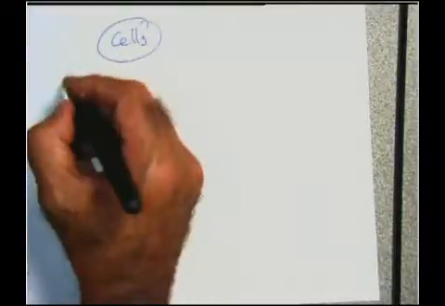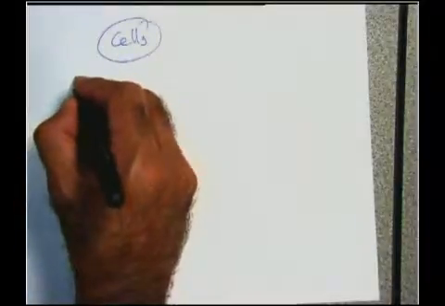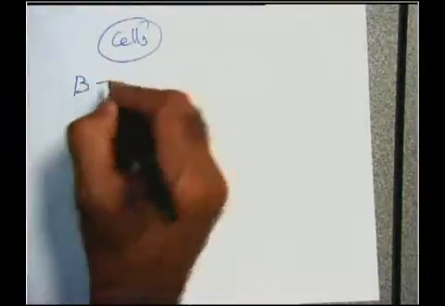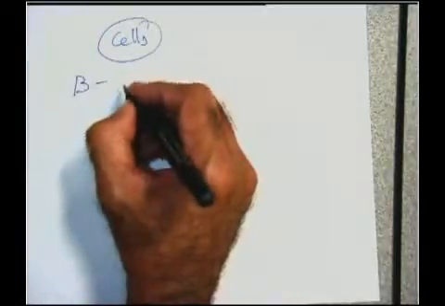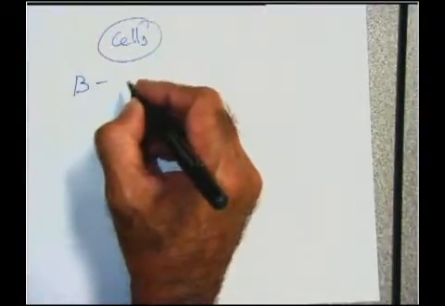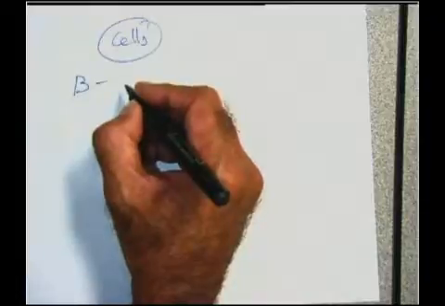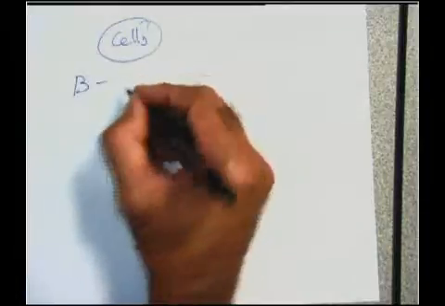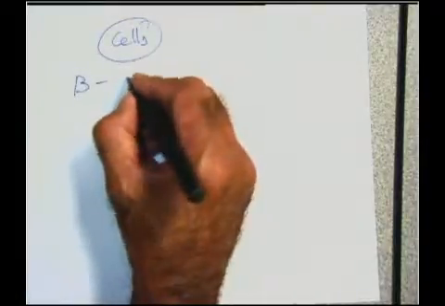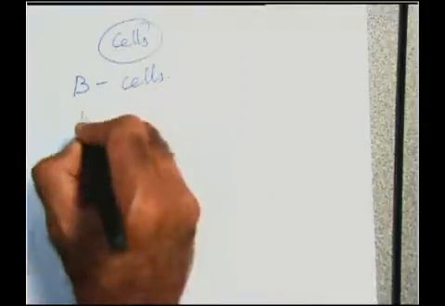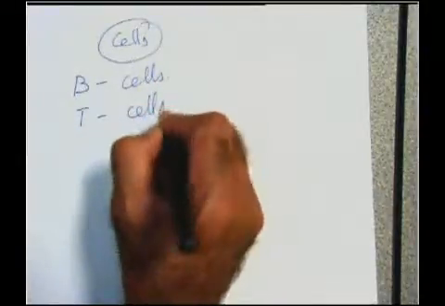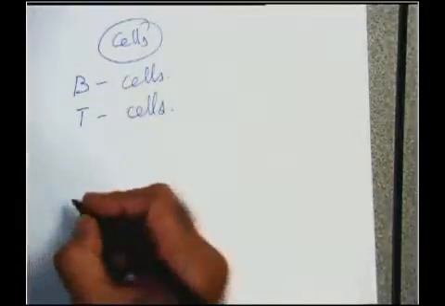As I mentioned before, there are two types of cells. We know about the B cells, derived historically from the bursa of birds, and they call it B cells, and the other type of cells are T cells, thymus derived cells.